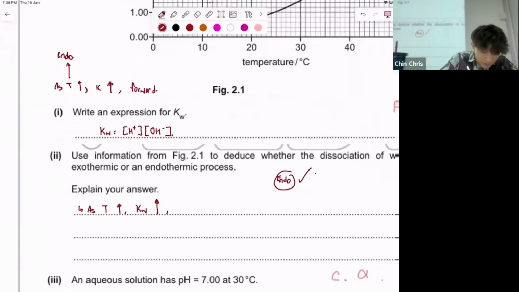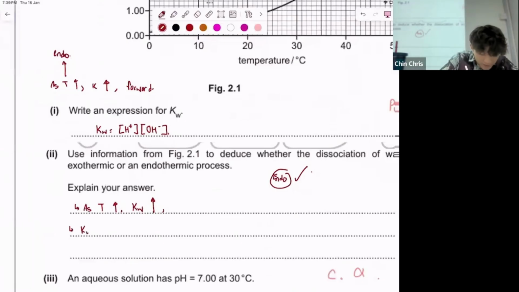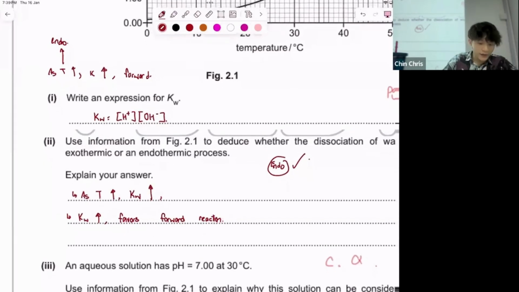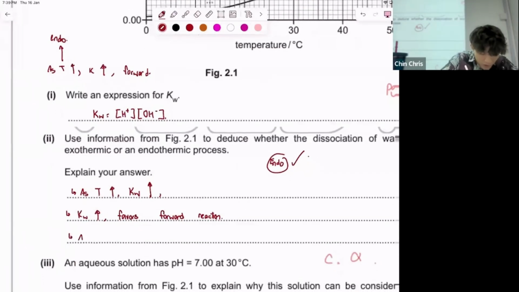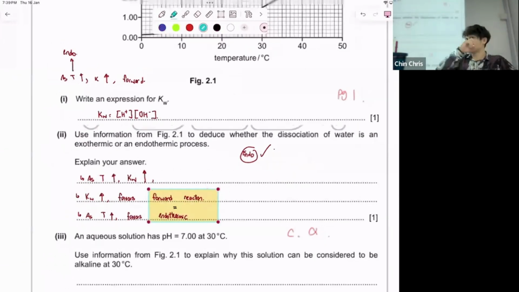When Kw increases, it favors the forward reaction. As temperature increases, it favors endothermic. Then conclusion: forward reaction equals endothermic. Done. In the exam, you just put it in words.